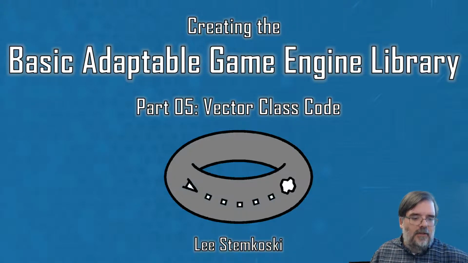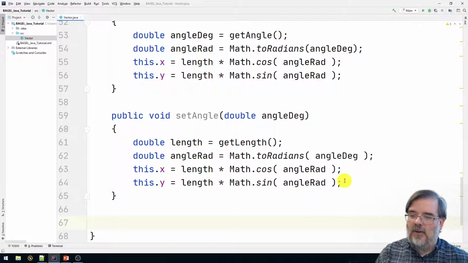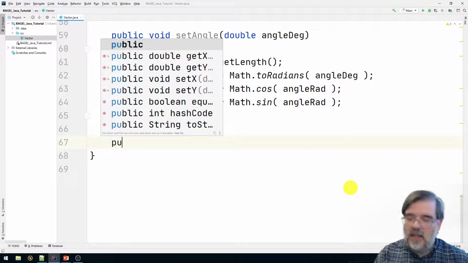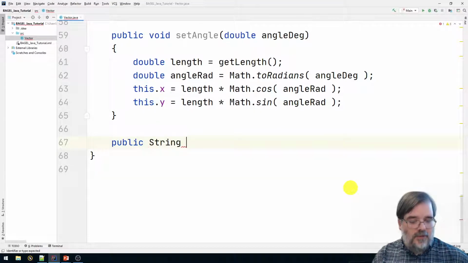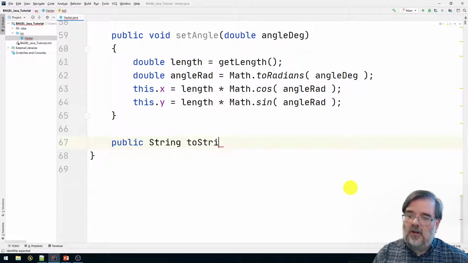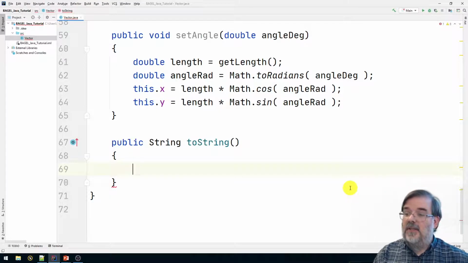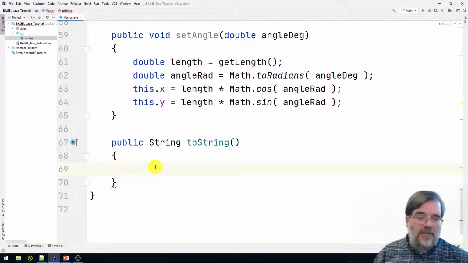Oh, wait, I don't want to go back here yet. There's a couple more functions that we're going to need. In order to actually see if these vector equations look correct, we're going to test this class in the next video. But I need to be able to print what these vectors look like. So I'm going to create a method called toString. This is something which we're overriding. This notation indicates that we're overriding a pre-existing method.